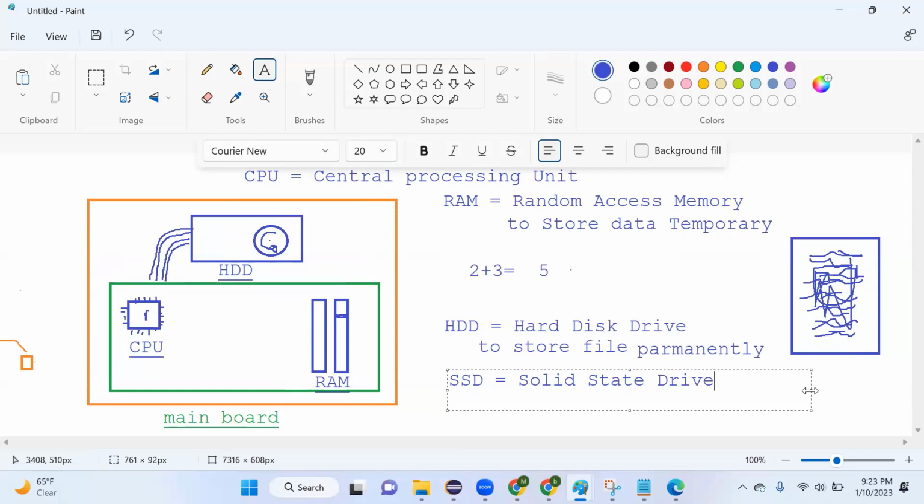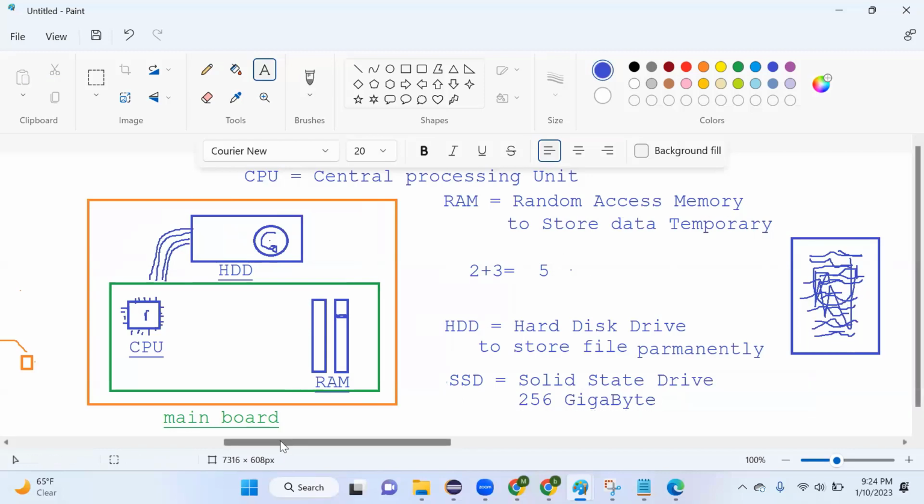So this kind of technology is used to store data. So if your hard disk configuration is 256 GB, that means your hard disk size is 256 gigabytes. GB means gigabyte. Byte is the measurement unit of space.